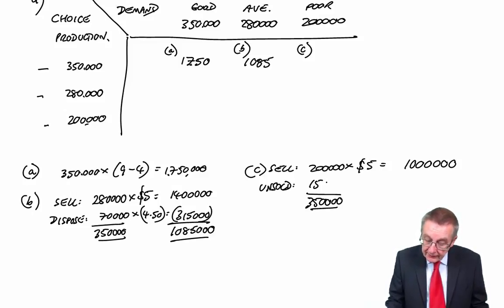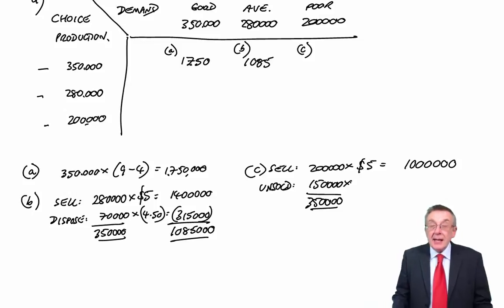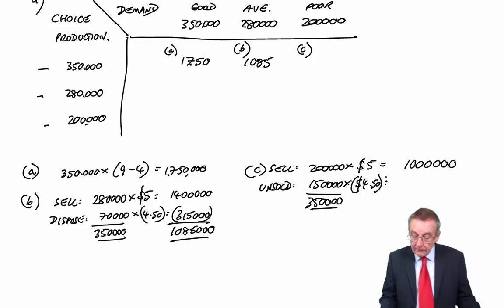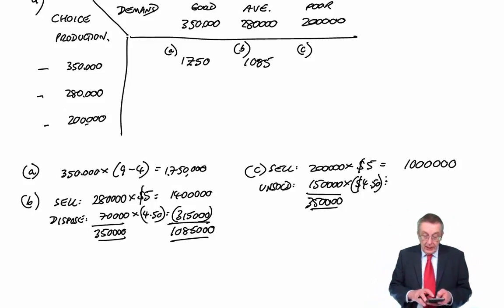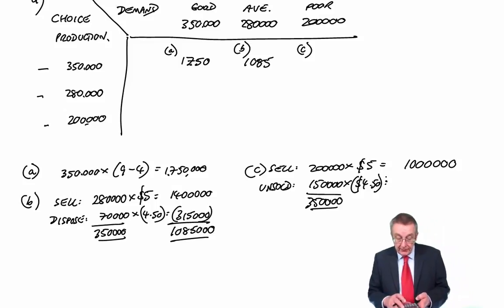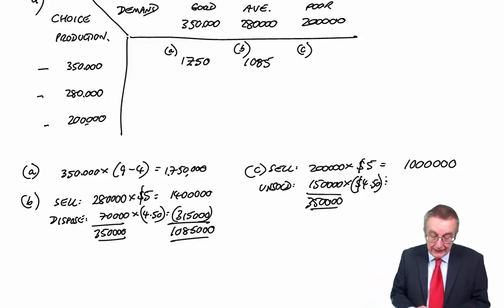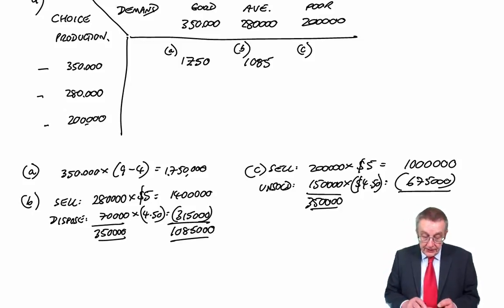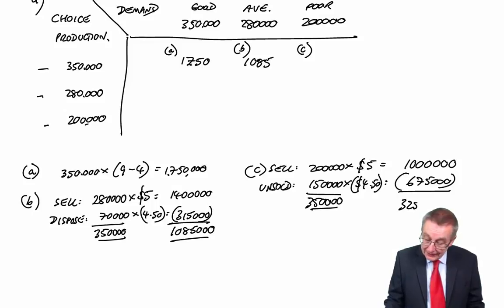This time, 150,000 aren't sold, and any unsold, it's costing us, we're losing $4.50. 150,000 times $4.50 is 675,000, which leaves us with $325,000.